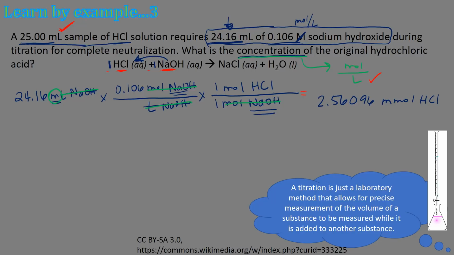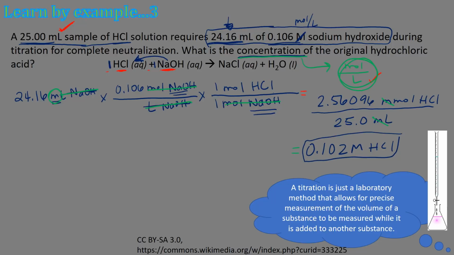And I'm going to divide that mole by the 25 milliliters that I started with. So what ends up happening here is milli cancels with milli, and I'm left with moles per liter, which is this molarity. When I divide that, I end up getting 0.102 molar HCl.